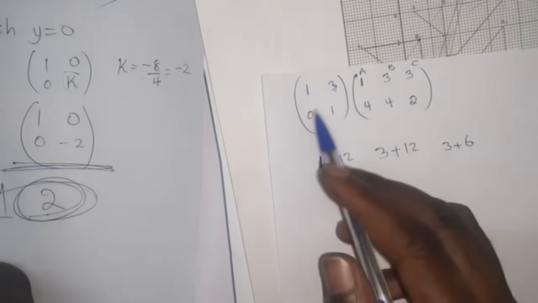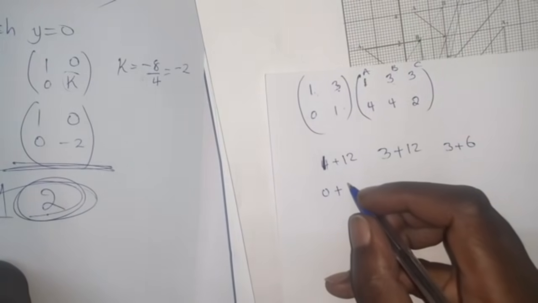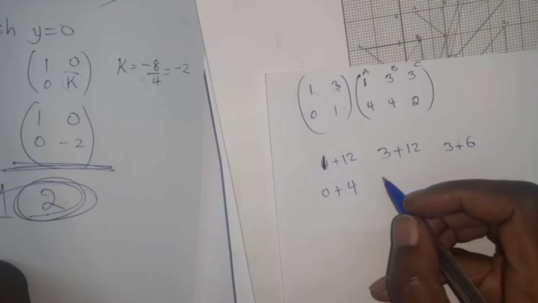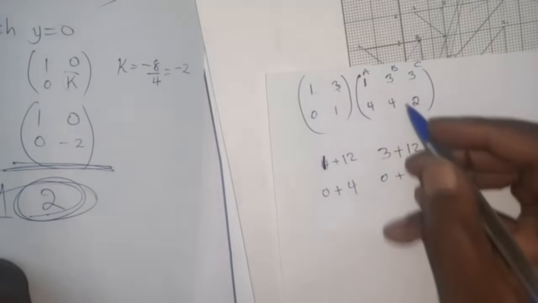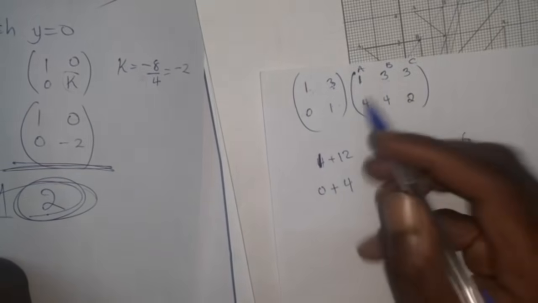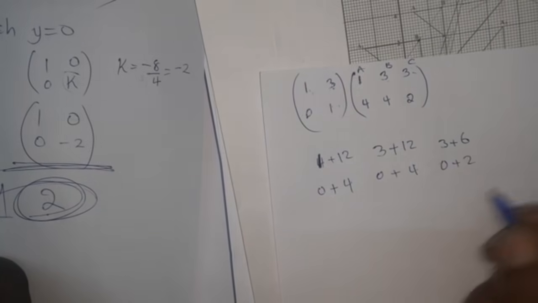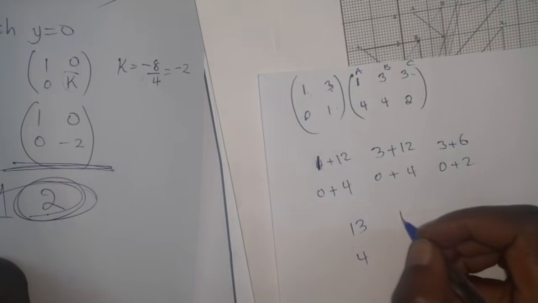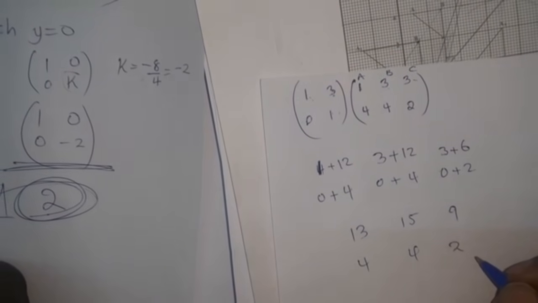Then we come down, 0 multiplied by 1 is 0, plus 1 multiplied by 4. Then here we have 0 multiplied by 3, 0, plus 1 multiplied by 4. Then here we have 0 multiplied by 3, 0, plus 2. So we're going to get 13, 4, 15, 4, 9, and 2.